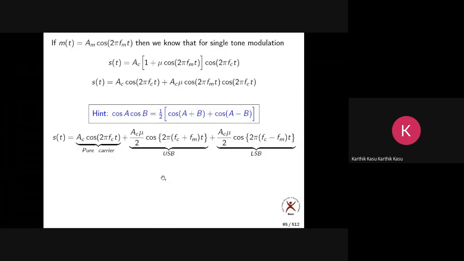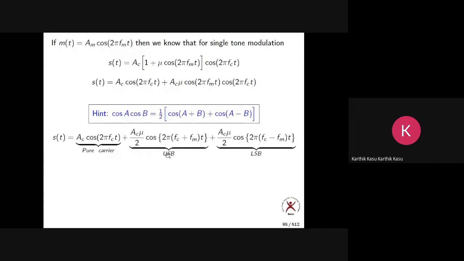How many impulses do you get? 6. For the first function, 2 impulses at fc and minus fc. Here you get 2 impulses at fc plus fm and minus of fc plus fm. For this cos function, you get 2 impulses at fc minus fm and the negative of that.